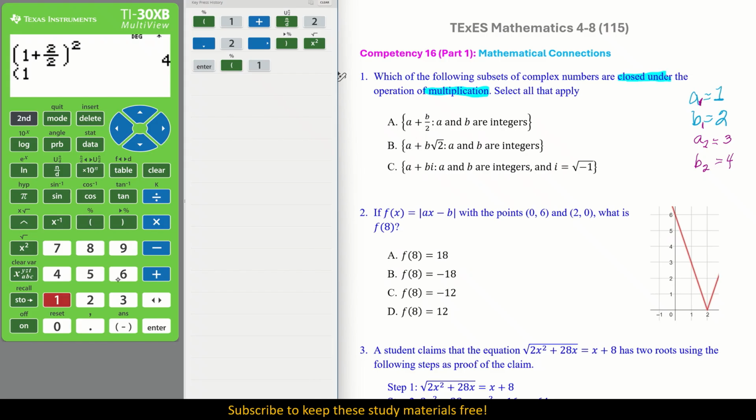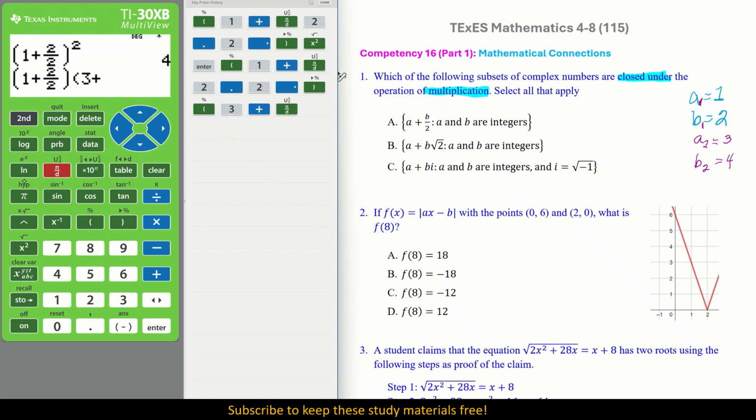Okay, so that's 1 is A plus, then my fraction, and I have 2 over 2, which obviously you already know what that's going to be. Now I'm going to multiply it to 3 plus, and I have a fraction, 4 over 2.